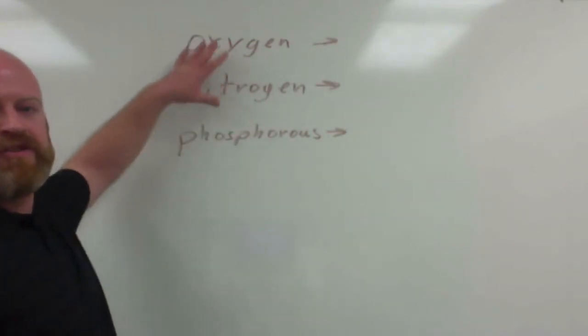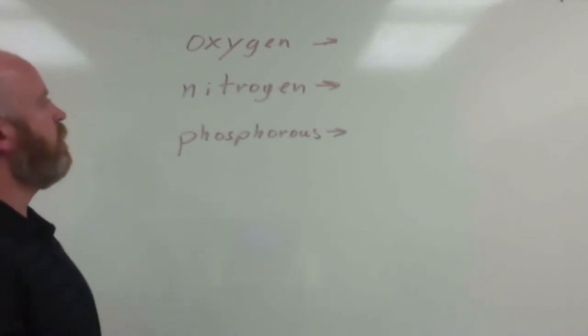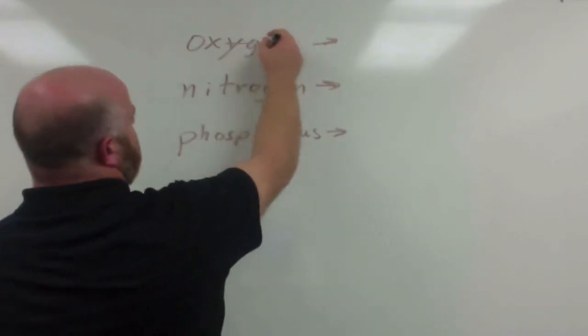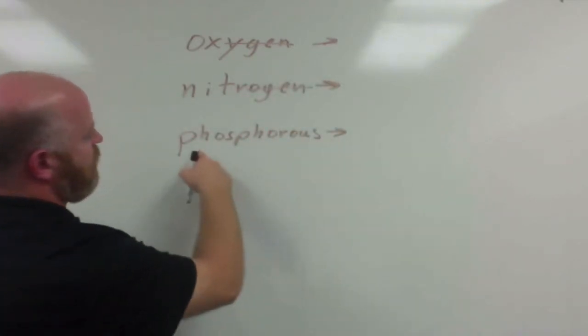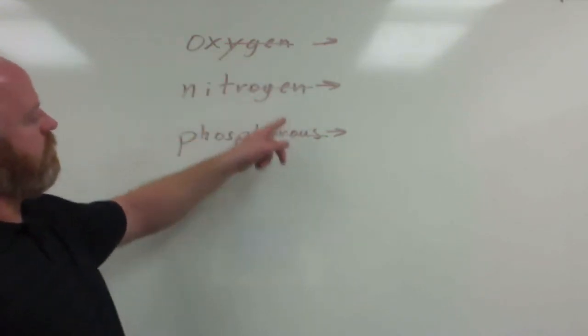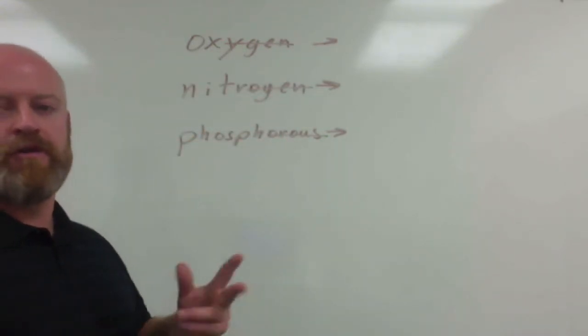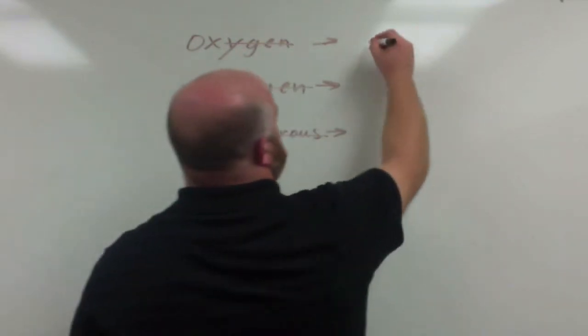If this happens to be your second word for any of these three, we need to make sure that we cut the word properly. So for oxygen, we're going to get rid of the -gen, for nitrogen, the -ogen, and for phosphorus, the -orus. So we kill two syllables at the end, not just one syllable.